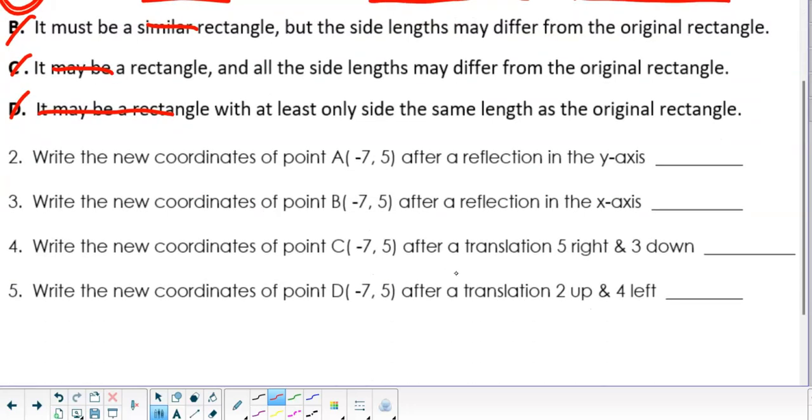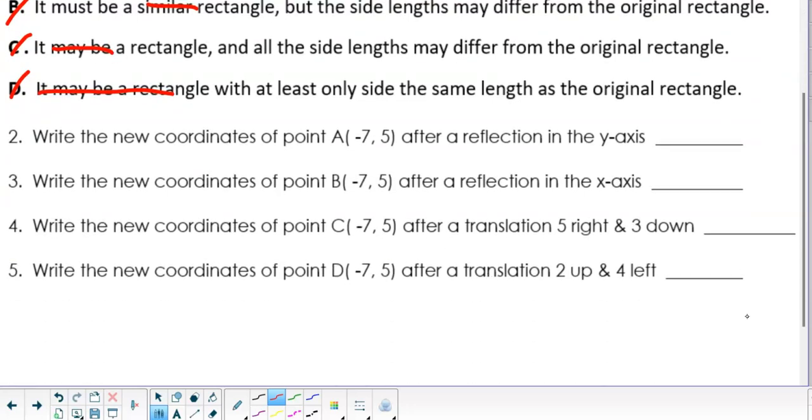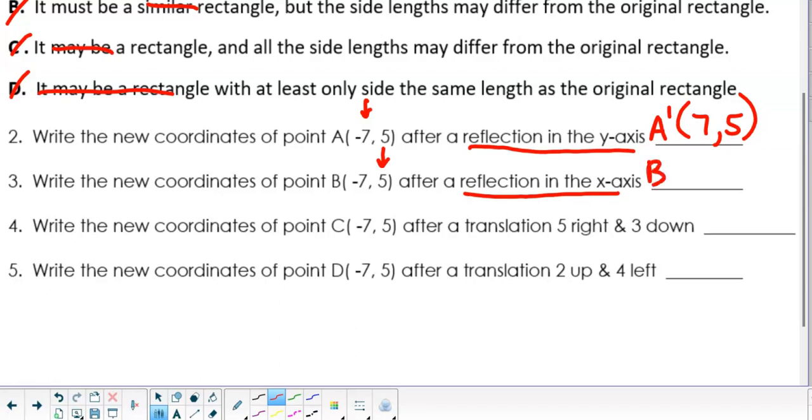For questions 2, 3, 4, and 5, they ask you to use this single point and transform it using the description here. A reflection over the y-axis changes the sign of the x-coordinate. So A prime will be positive 7, 5. A reflection in the x-axis changes the y-coordinate. So B prime will be negative 7, negative 5.